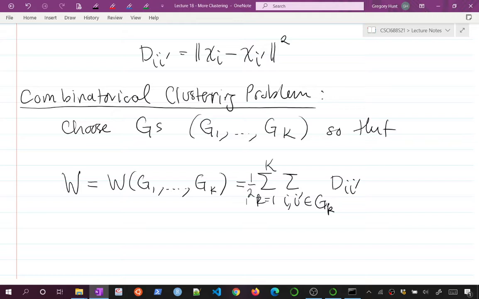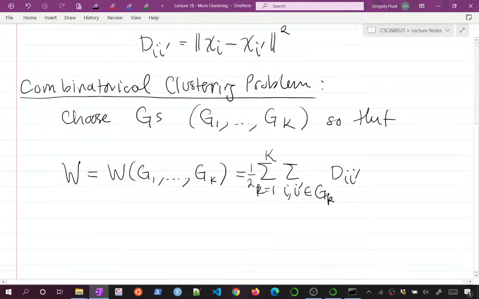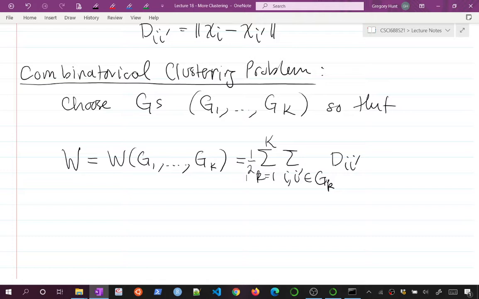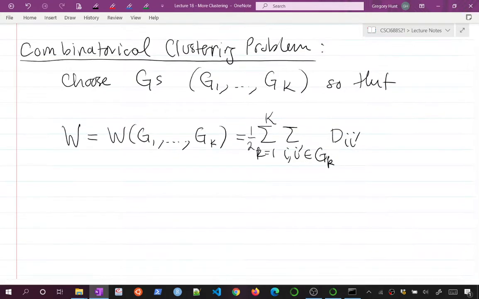So I have this total within cluster dissimilarity, and I want to minimize it. We choose our G's so that this thing is minimized. The combinatorial problem is, how do I divide up my data points into my groups, my G's?